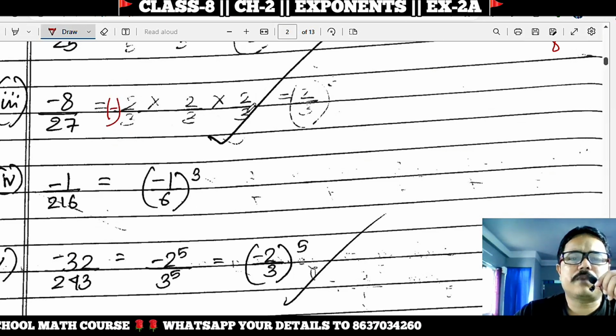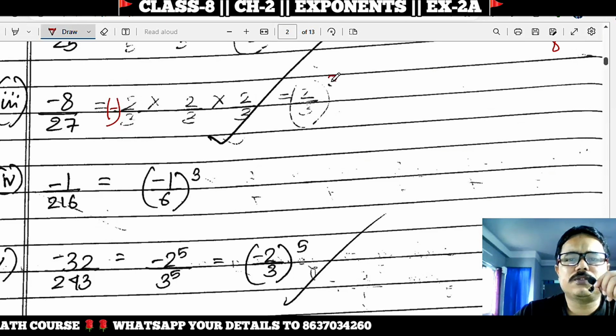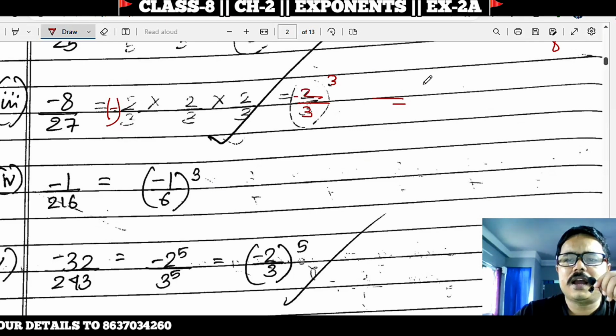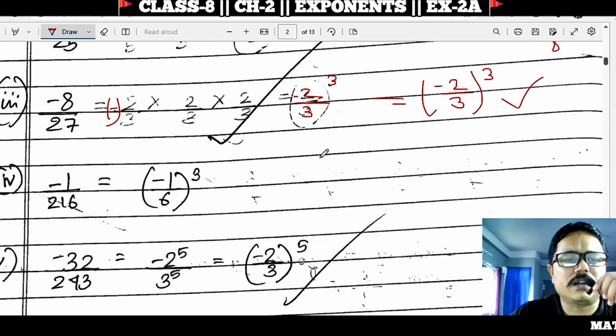So 2 by 3 to the power 3, and since the power is what? The power is an odd number, so we can keep this minus sign inside the bracket, and so its answer will be minus 2 upon 3 to the power 3, right? This will be the answer.